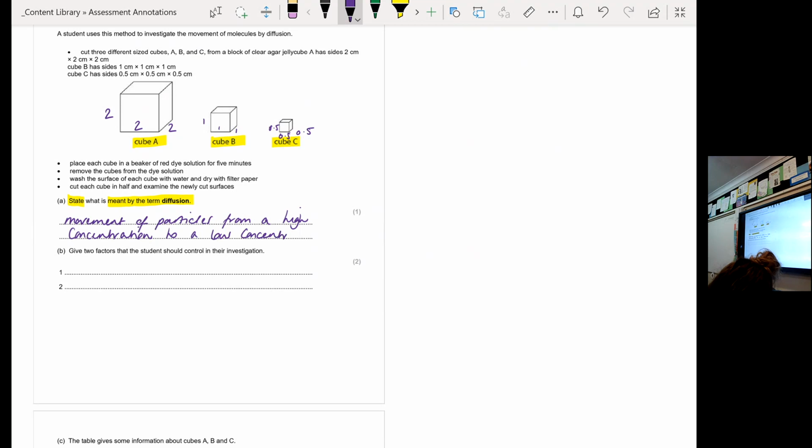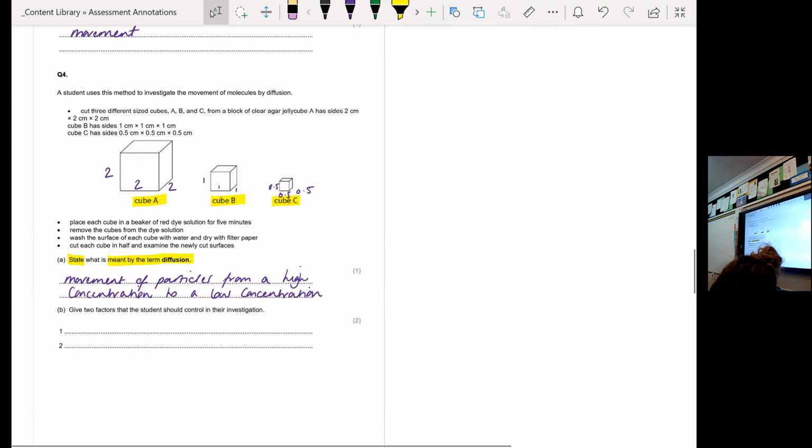You can even say down a concentration gradient, or you can also say from an area of high concentration to an area of low concentration. I'm being lazy and I didn't want to write any more words. Okay. Now, that is the definition of diffusion.